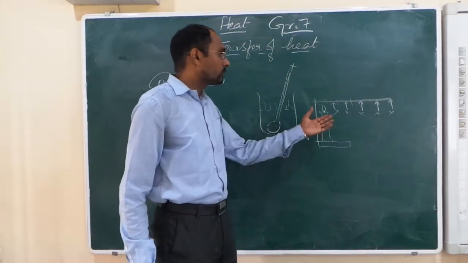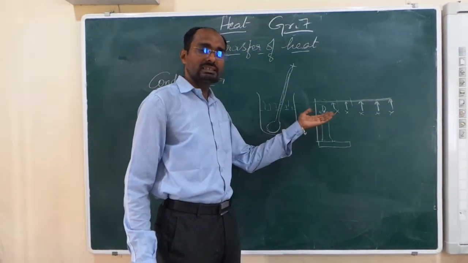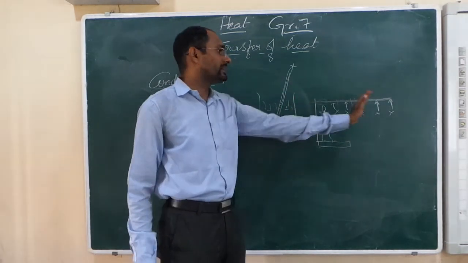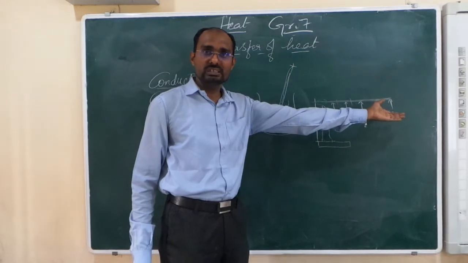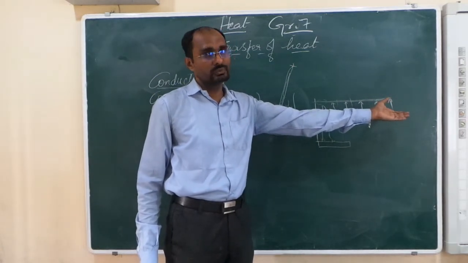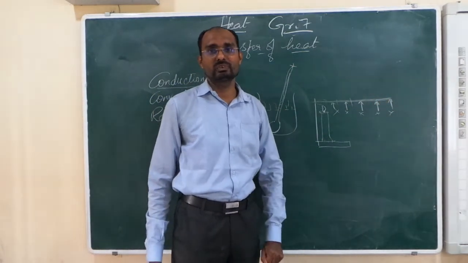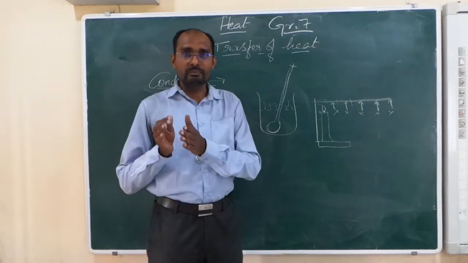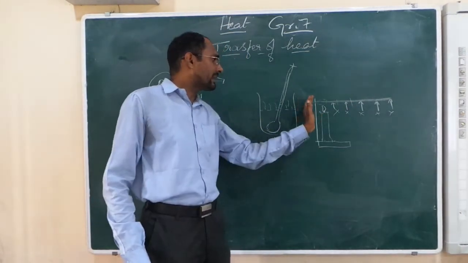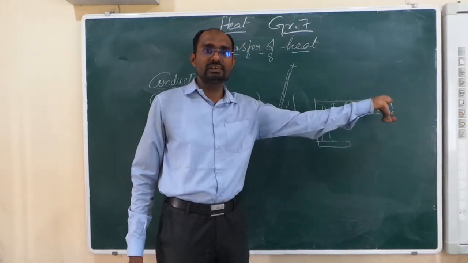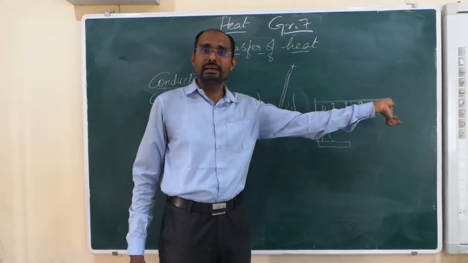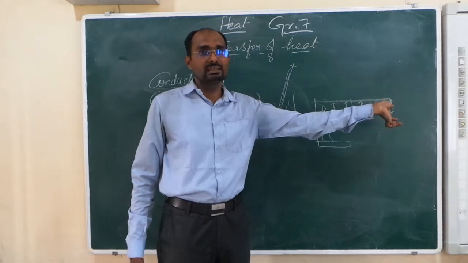From this we understand that heat travels from one point to another point along the object, through the body. We say it is conduction. From one particle to another particle, from one end of the body to the other end, along the substance, if heat is traveling, then we say it is conduction.